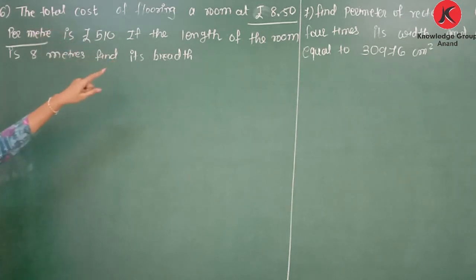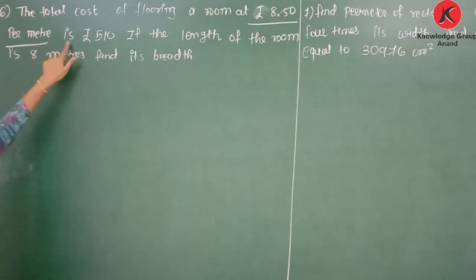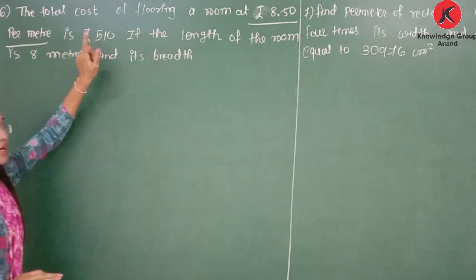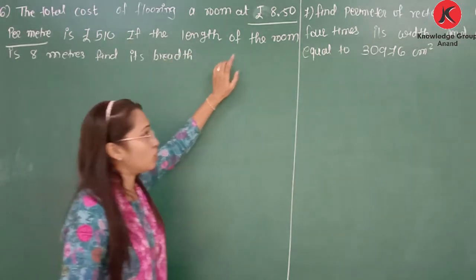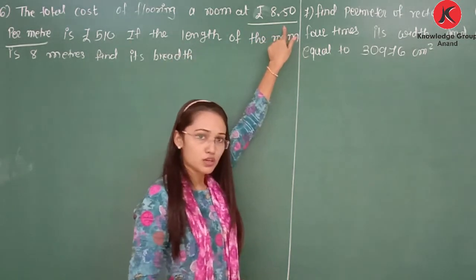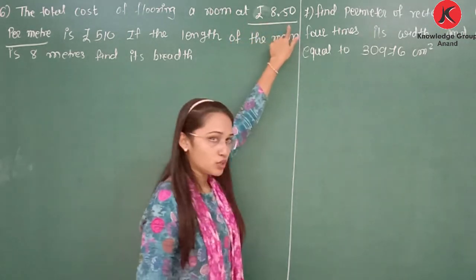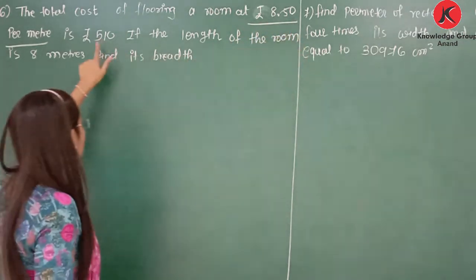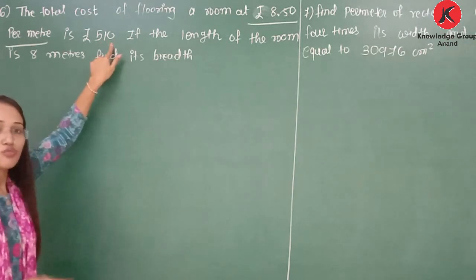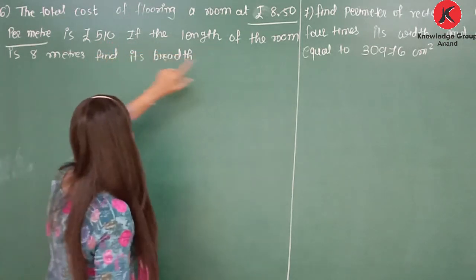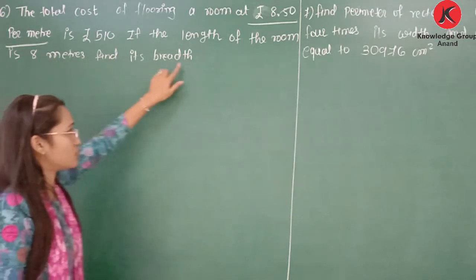This statement means that for 1 meter square the cost is 8.50 rupees and the total cost is 510. So what is the area of that floor? If the length of the room is 8 meter, find its breadth.